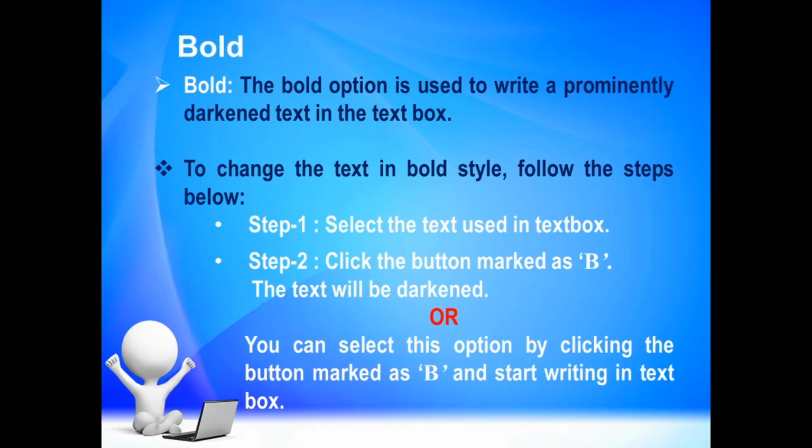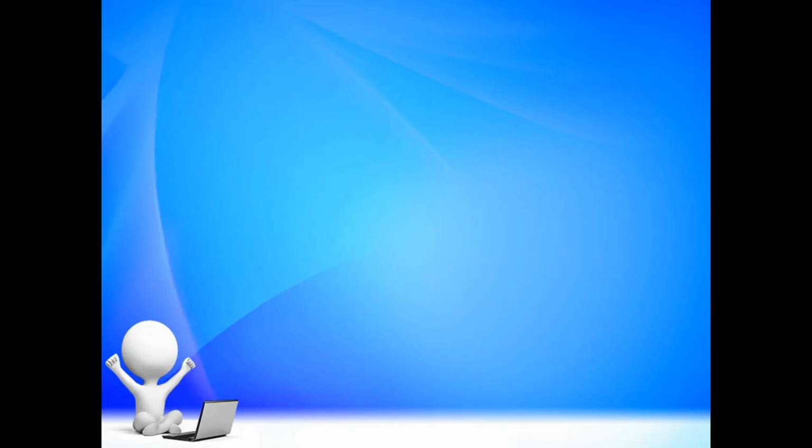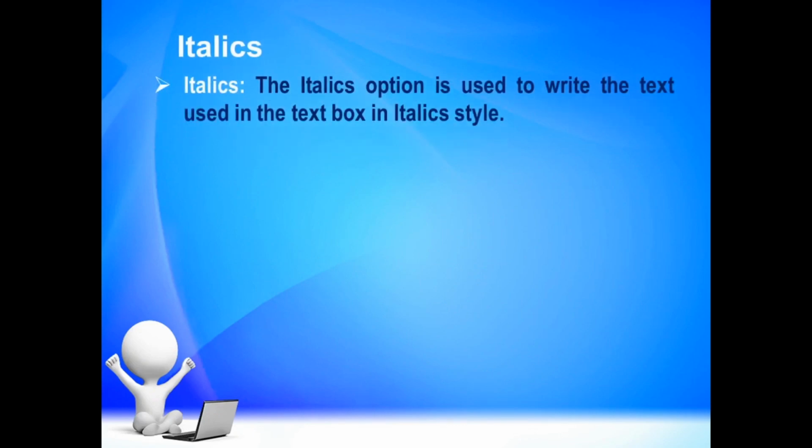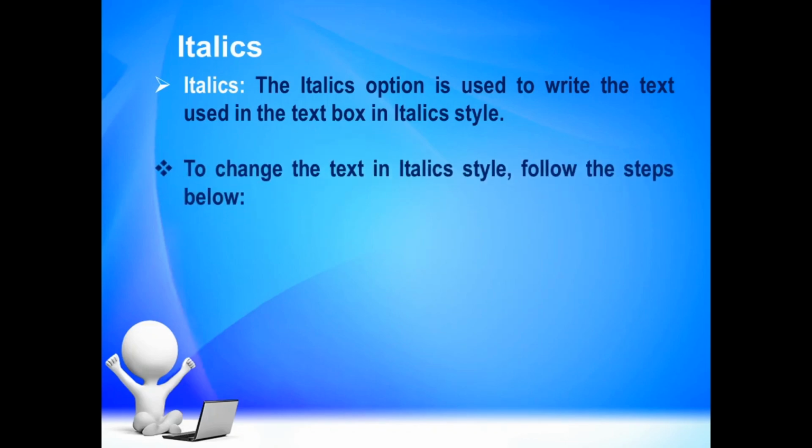and then start writing in the text box. Then one more important option is there, italics. The italics option is used to write the text used in the text box in italics style. To change the text in italic style, follow the steps below. Step 1.